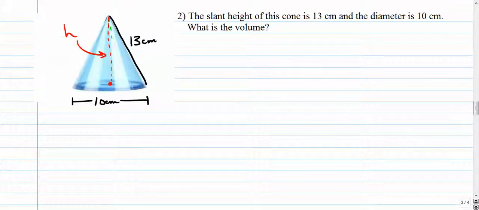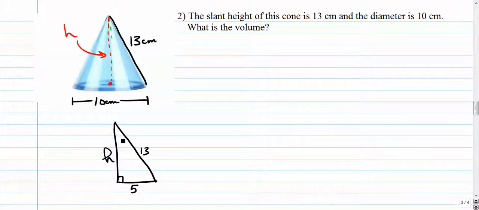In order to find that, you're simply going to want to turn this 3D solid into a nice right triangle. So it's 13, it's h, and just like we did with the previous cones and the pyramids, this is not 10, but it's 5 because you're just looking at half of the diameter. You want the radius. This is about as simple as right triangles can get.